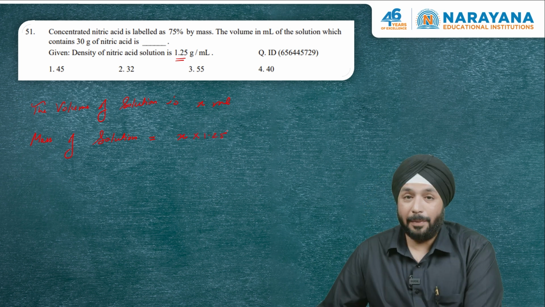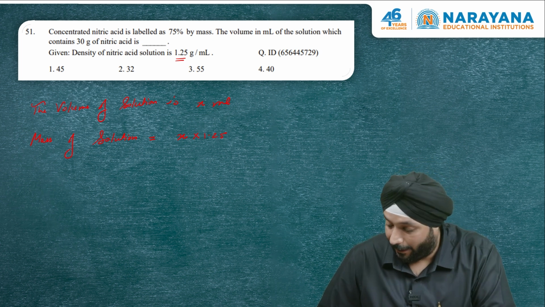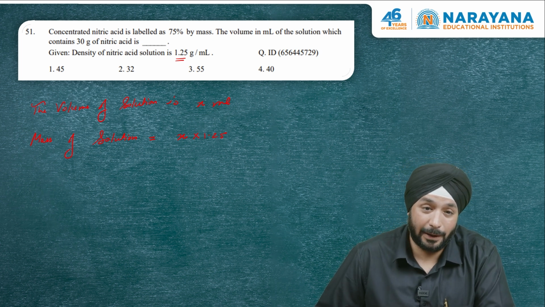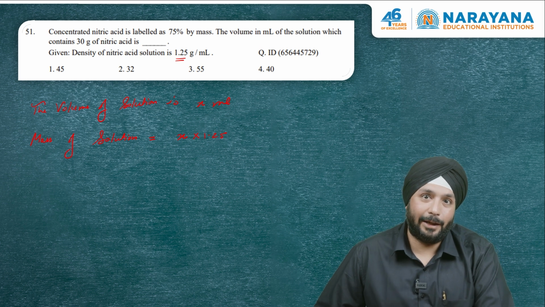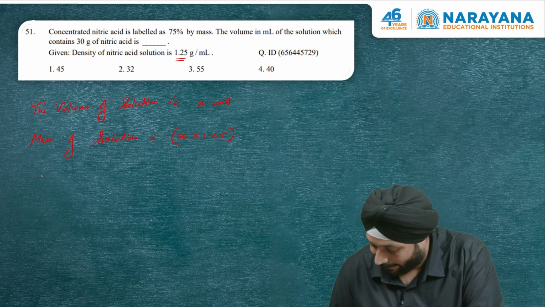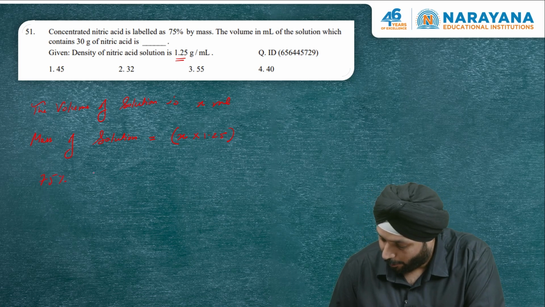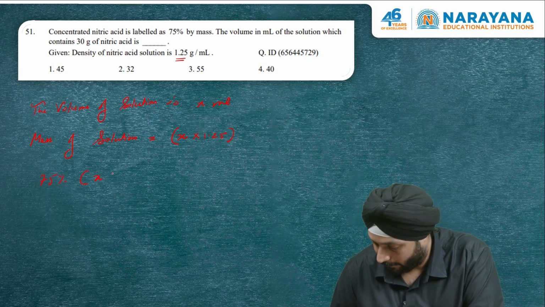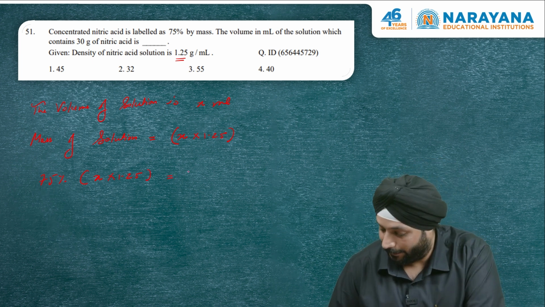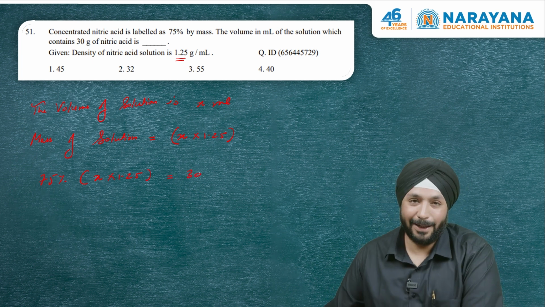Now this is the overall mass of the solution. Here it says we have 75% by mass of HNO3 and we require 30 gram of nitric acid. So this is the mass of solution, and 75% of this mass should be the mass of HNO3 which we require, and that is 30 grams, right?